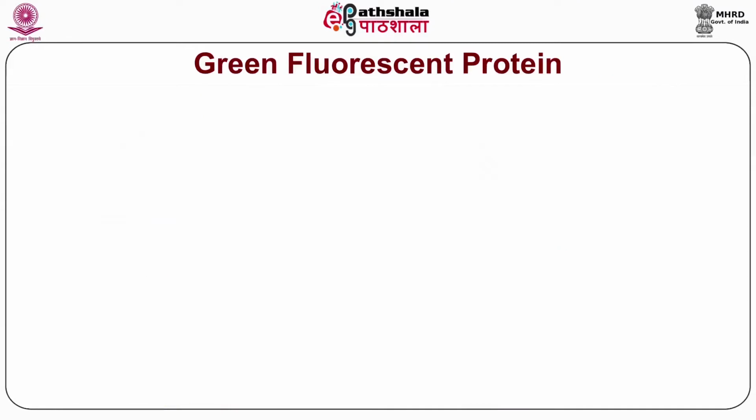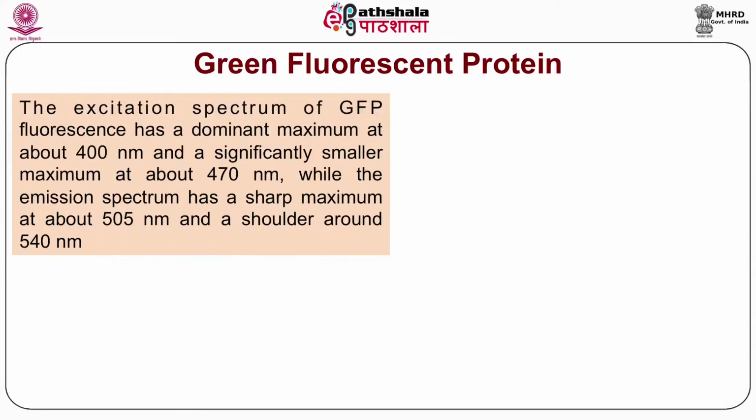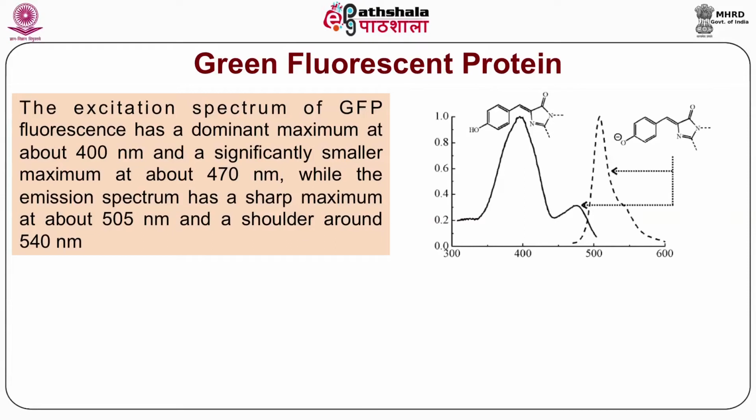Now we discuss the photoluminescent properties of the green fluorescent protein. You can see here that the excitation spectrum of green fluorescent protein has a dominant maximum at 400 nanometer and a significantly smaller maximum at about 470 nanometer, while the emission spectrum has a sharp maximum at about 505 nanometer and a shoulder around 540 nanometer.